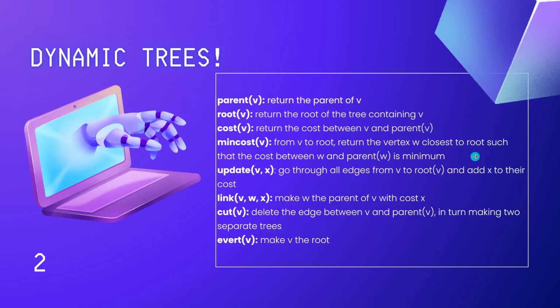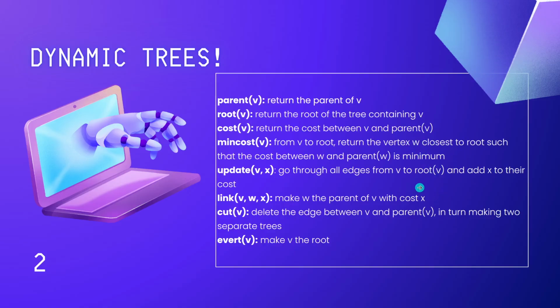But we also have some more interesting operations which should really take more than logarithmic time, just from a naive implementation, such as min cost of v, which considers the path from a node to its root, to the root of the tree, and finds the cost of the edge on that path with the minimum weight. Now maybe you'd want to search every edge, but this implementation optimizes on that.